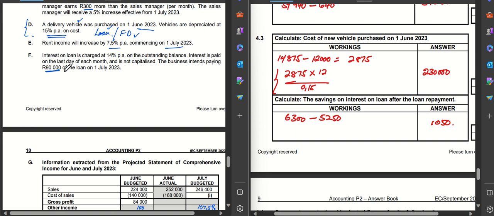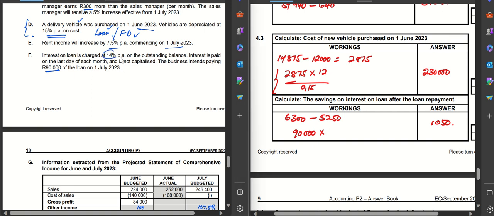All right, so if you would want another method, you can still get that amount from the 90,000. That is another way that you could have done that. That is to say, if you have your calculator close, your 90,000, you multiply that by your 14%.